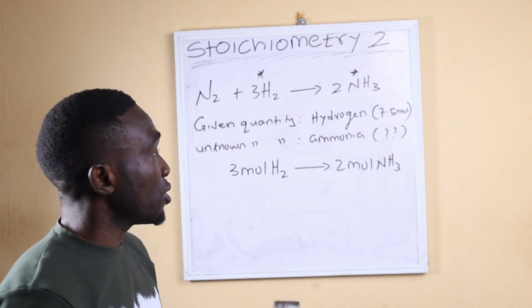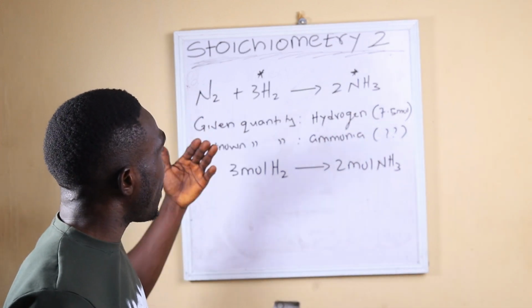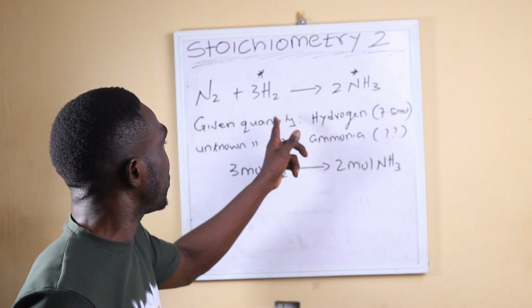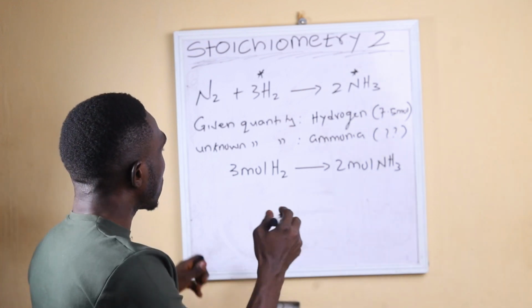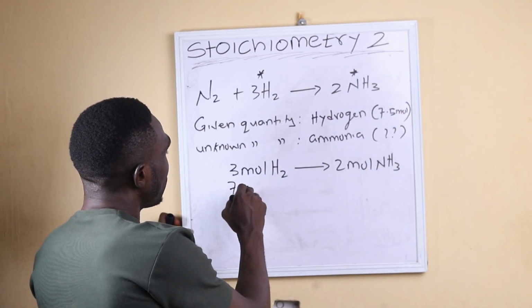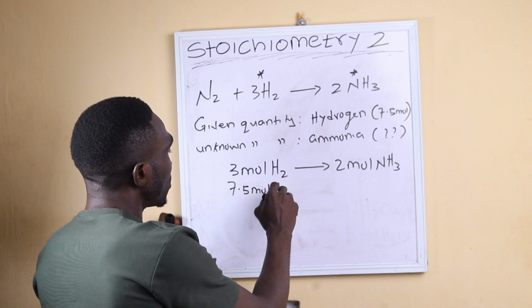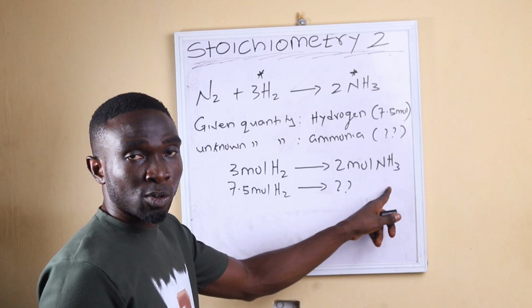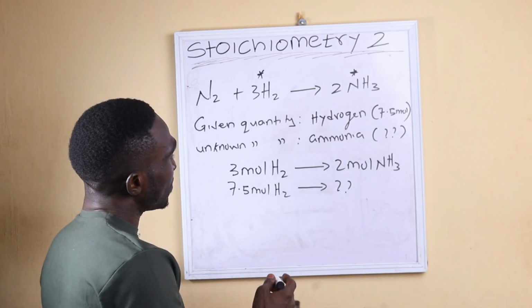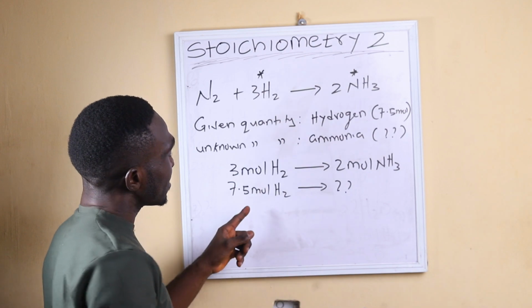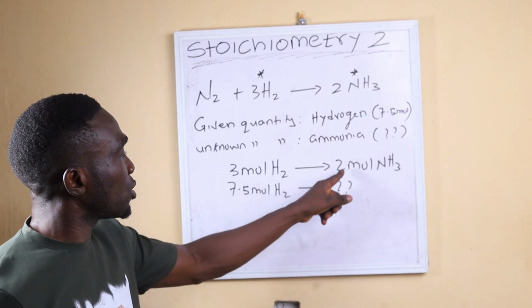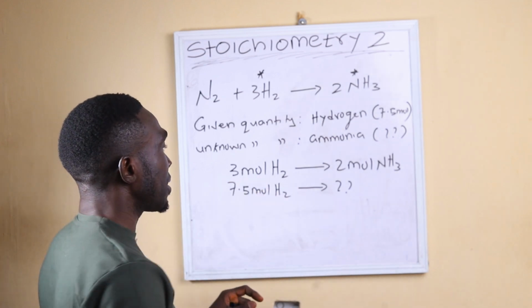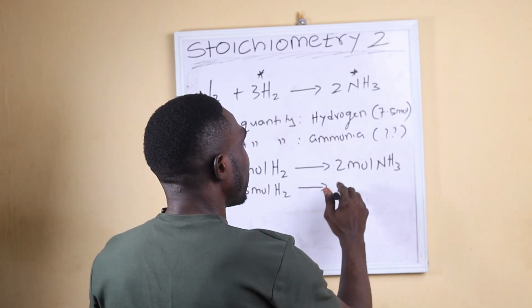Going back to the question, it is asking what amount of ammonia can be produced from 7.5 moles of hydrogen. So 7.5 moles of hydrogen will produce how many moles of ammonia? That's what we are looking for. So I'm going to cross multiply: 7.5 multiplied by 2 divided by 3.